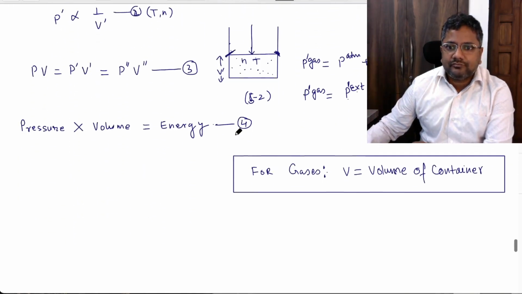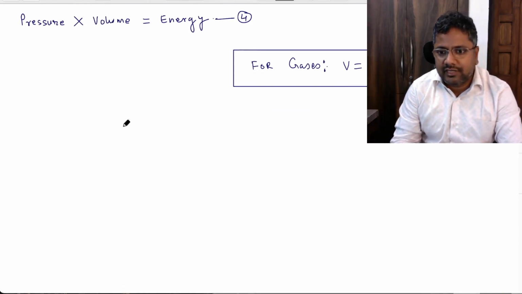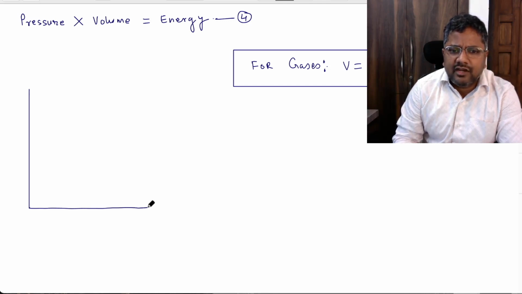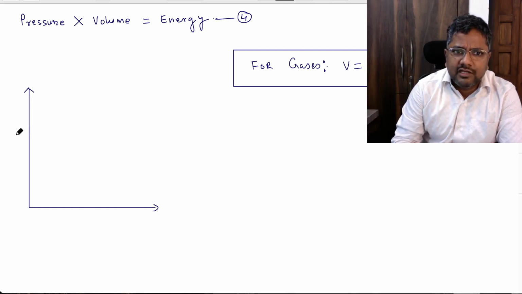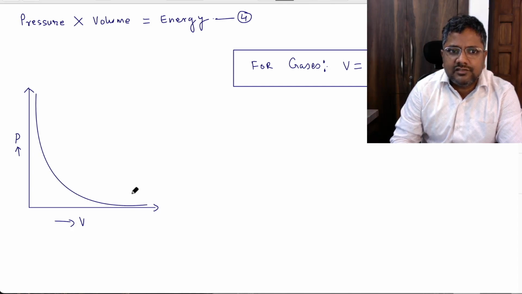So see P and V, if you want to graphically study pressure and volume, you can make various plots between P and V. Now this is mathematics, there is no chemistry here, right?